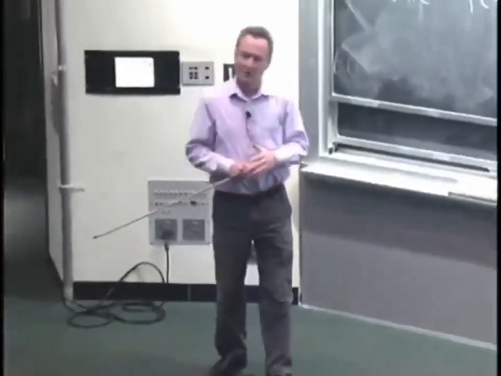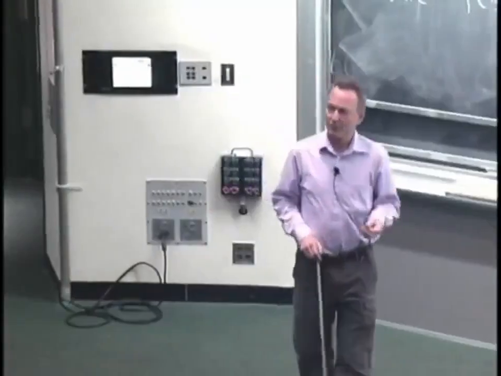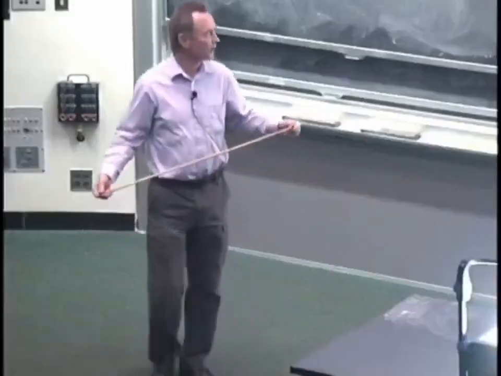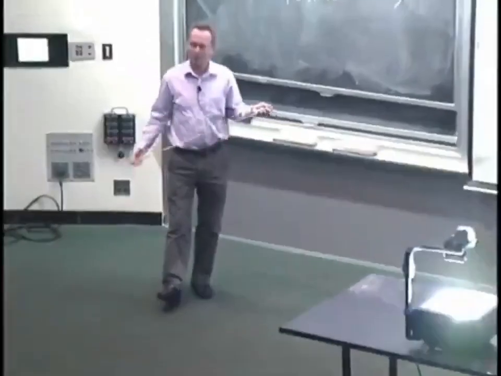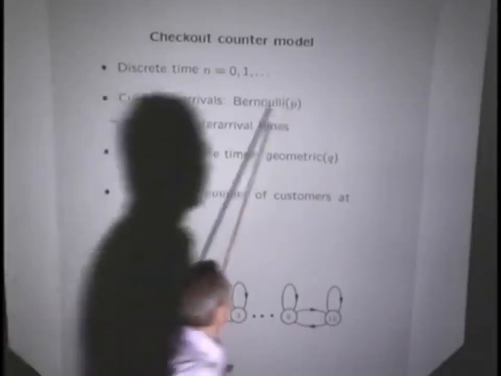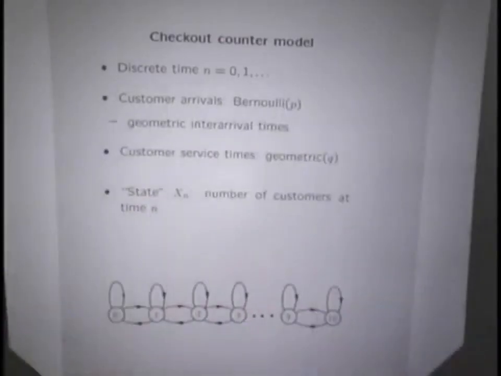Now, to make a probabilistic model, we need to make some assumption about the customer arrivals and the customer departures. And we want to keep things as simple as possible to get started. So let's assume that customers arrive according to a Bernoulli process with some parameter p. Essentially, that's the same as the assumption that the time between consecutive customer arrivals is a geometric random variable with parameter p.